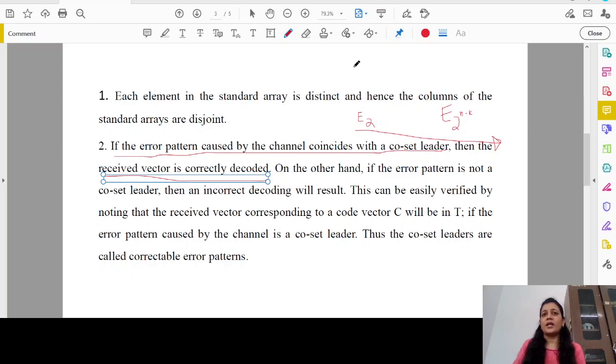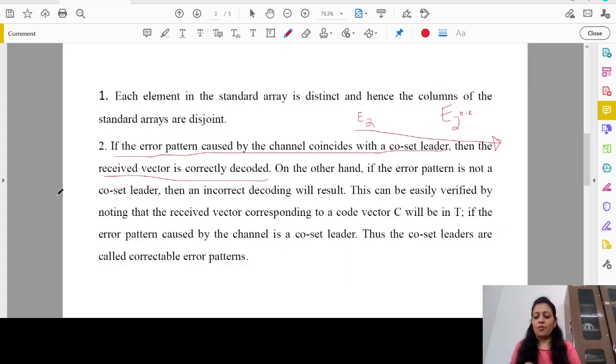If the error pattern does not match the noise in your channel, then this decoding strategy might give you a wrong decoding. That is what we want to see.